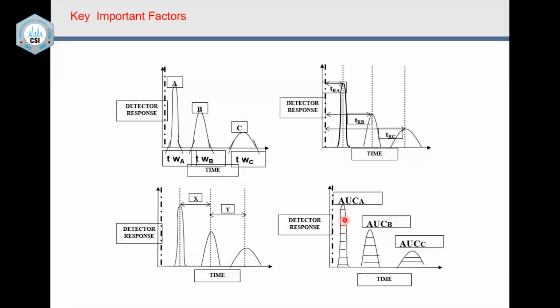When I have a standard, I will measure the area under the curve for A as a standard, and then compare it with the area under the curve which we get for unknown A, unknown concentration of A. Then we can find out the concentration of A, concentration of B, concentration of C, provided we have individual standards available with us. Okay, so this gives us quantitative information.